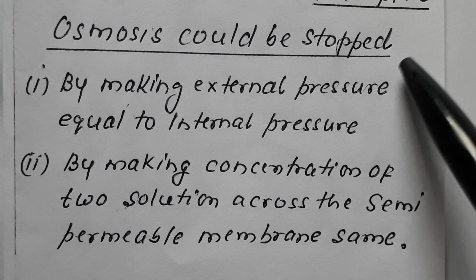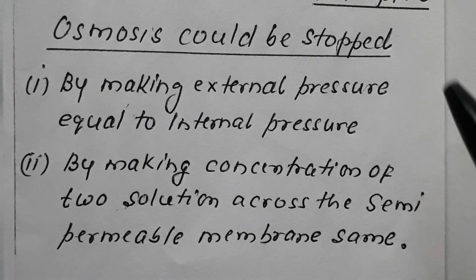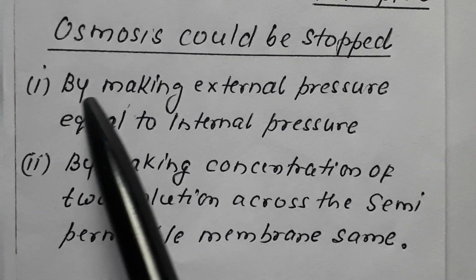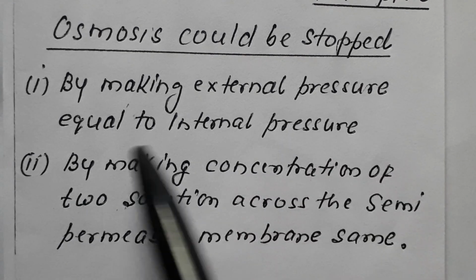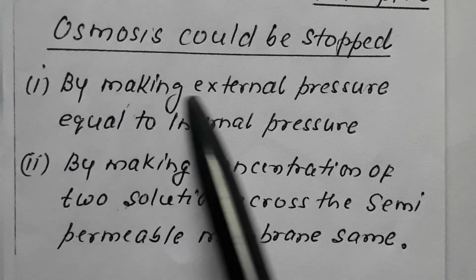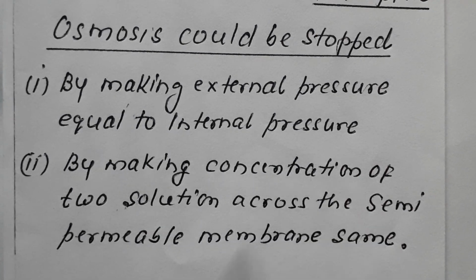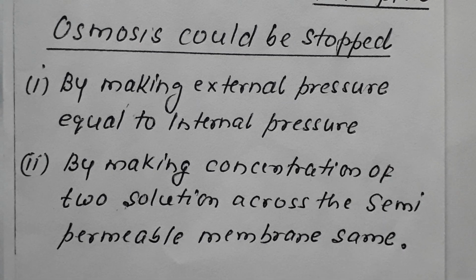Can osmosis be stopped? Yes, osmosis can be stopped in two ways. One, by making the external pressure equal to the internal. If the external pressure is made equal to the internal, the osmosis will stop.